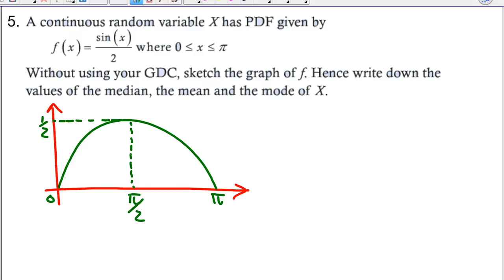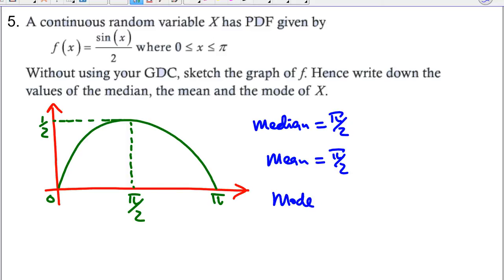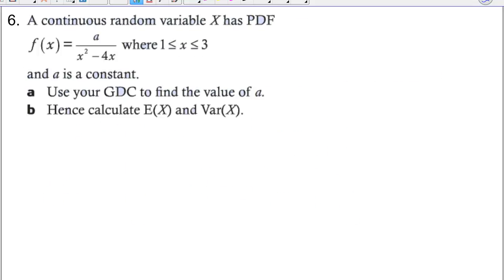So basically, by symmetry, we can say the median will be equal to pi over 2. The mean will be equal to pi over 2. And the mode will be equal to pi over 2 as well. Number 6.